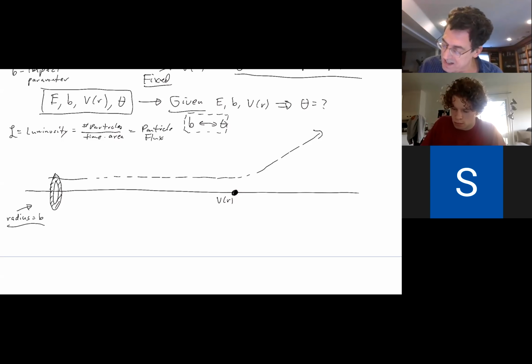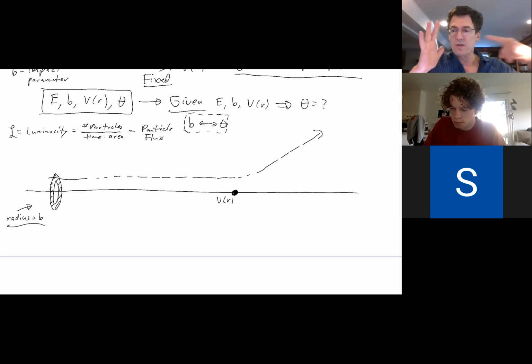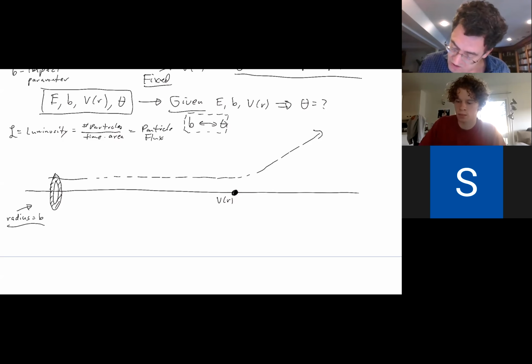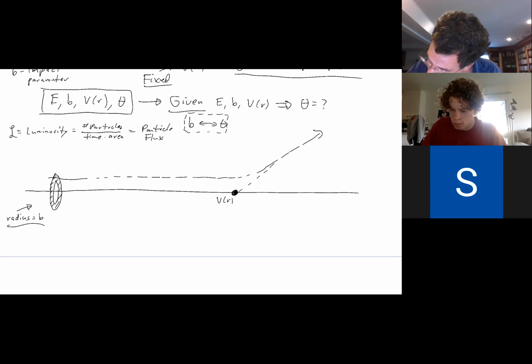And so you can see that all the particles that go through that annulus, and that annulus is perpendicular to the direction, it's flat, like a donut, are deflected into that same angle, theta.